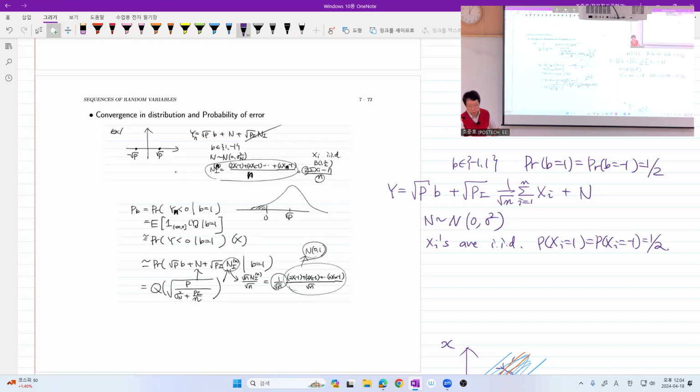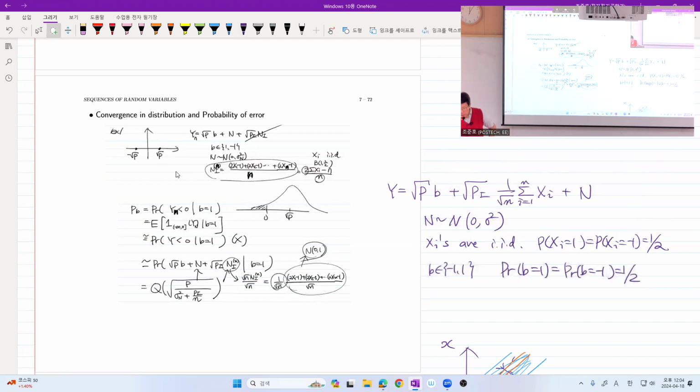So it's a communication problem. You receive the channel output y, and it contains the desired signal component in additive white Gaussian noise, and you also have an interference. Now, you want to analyze the performance of your simplest receiver, given by b hat equals sign of y.